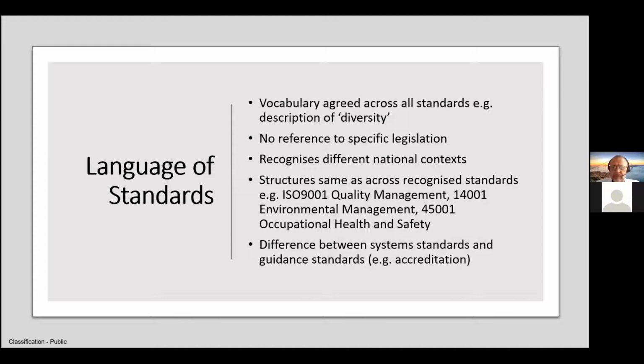There is, however, a slight difference between what are called system standards and guidance standards, and ISO 30415 is a guidance standard. The difference, probably easiest to explain, is that if you think of ISO 9001, which is a system standard, organizations seek accreditation to prove that they are meeting that standard.